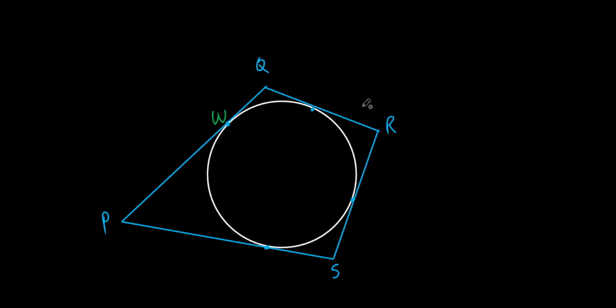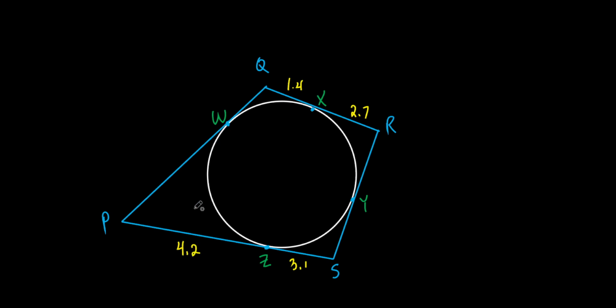So that's W, X, Y, and Z. And they give you some numbers. They tell you that from Q to X is 1.4. XR is 2.7. ZS is 3.1. PZ is 4.2. And I think that's all.